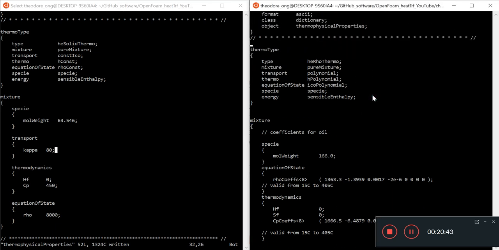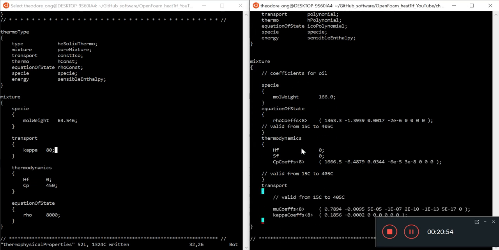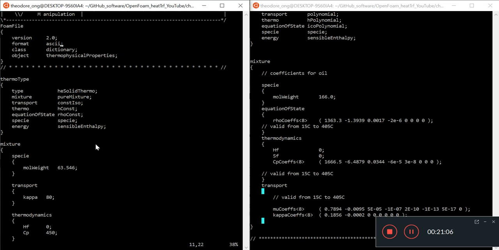This is a constant ISO. So anyway, there should be no mu for this, because it doesn't really make sense for a solid to have a constant viscosity anyway.